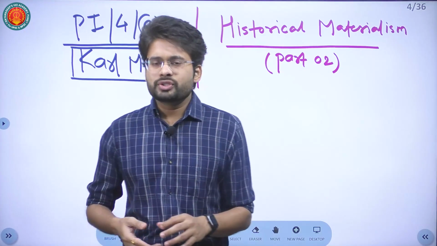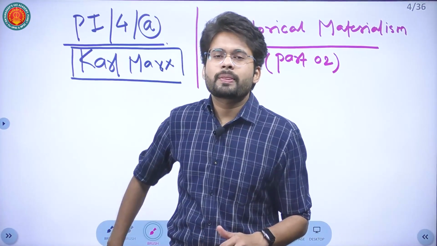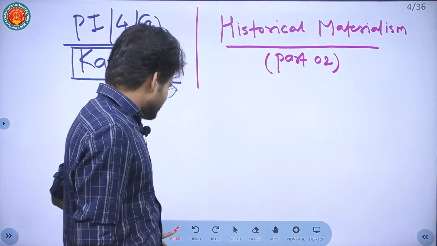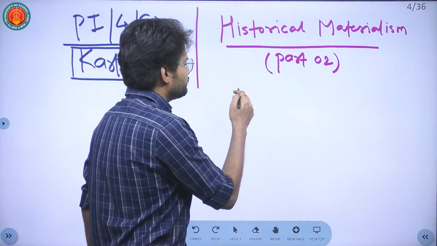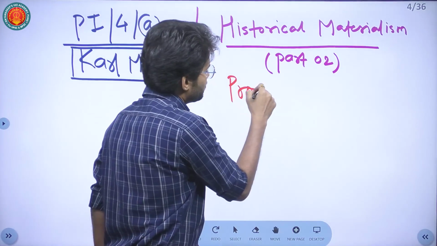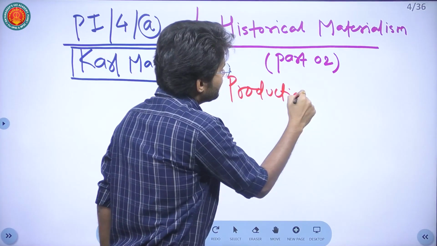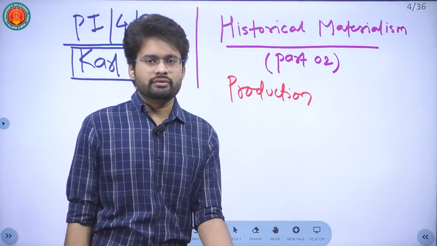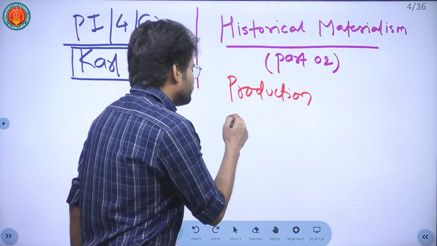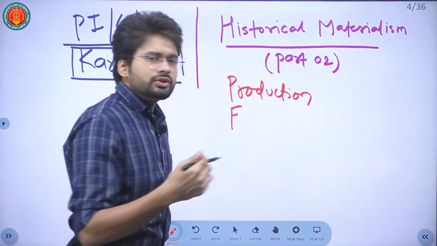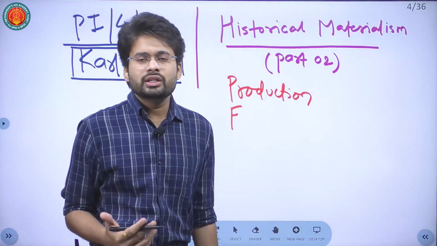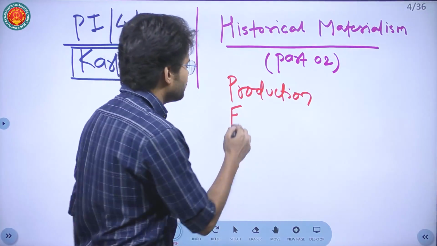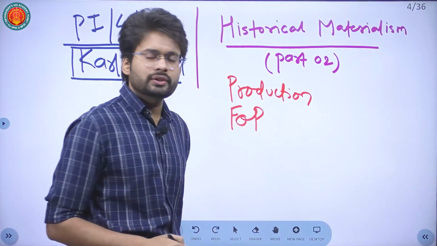So, which concepts or technical terminologies did we discuss? We discussed, first of all, the process of production. Why do we involve ourselves in the production process? For survival. The tools or techniques with which we produce are nothing but the factors of production.